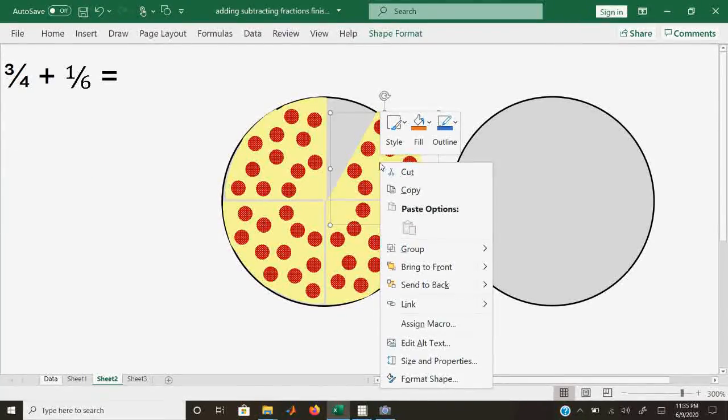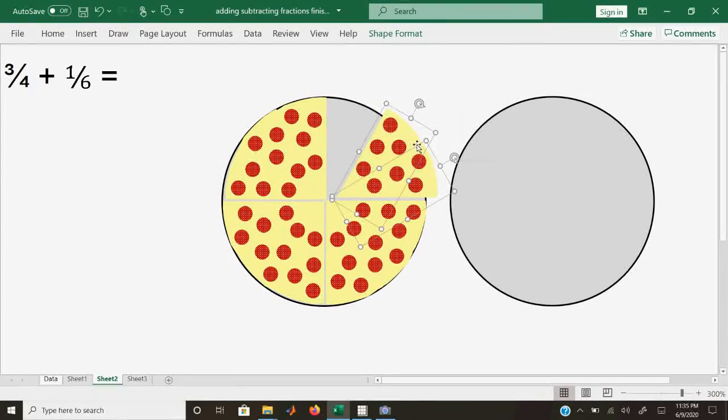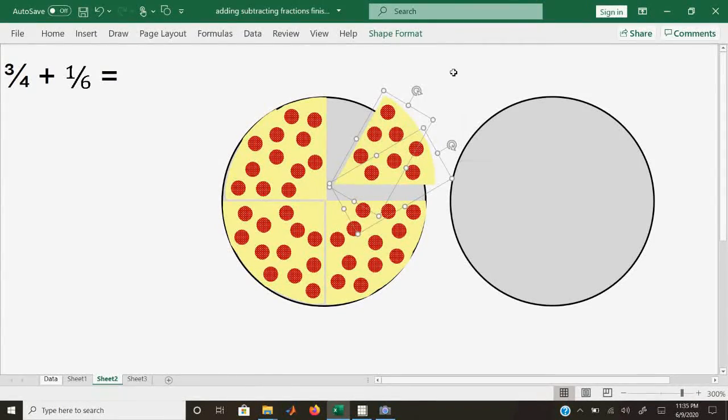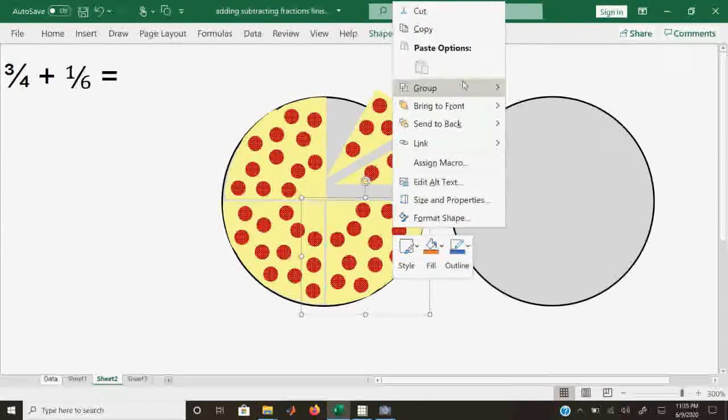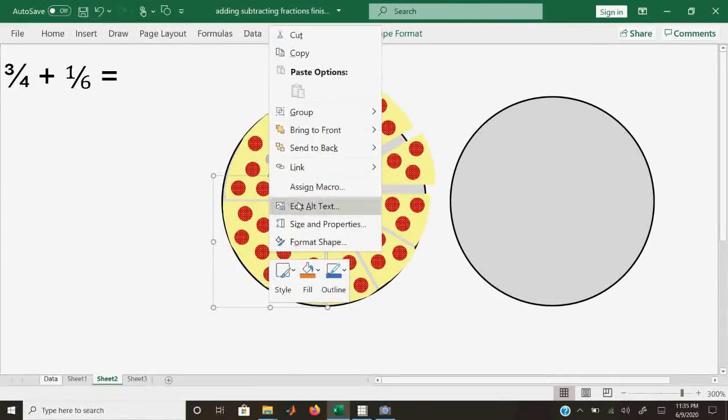So I'm going to take my 1/6 and break it up into twelfths. And I'm going to take my 3/4 and break those up into twelfths as well.